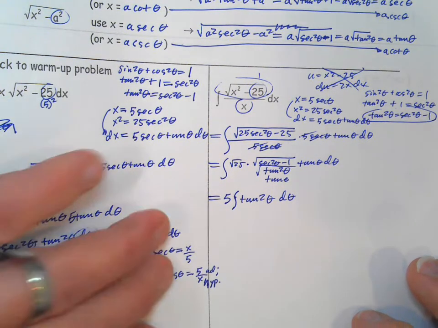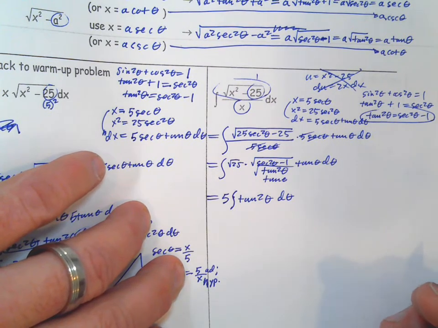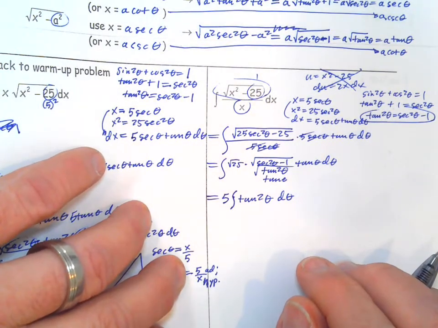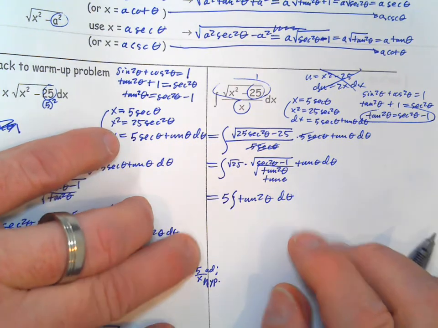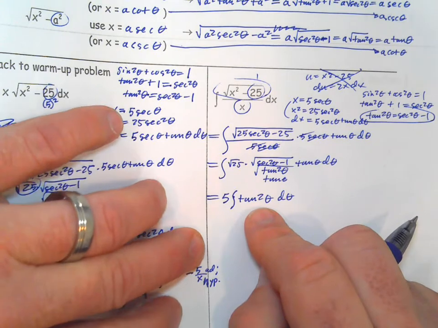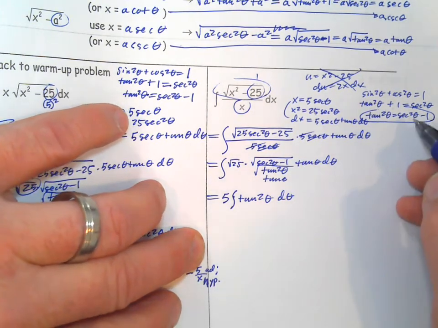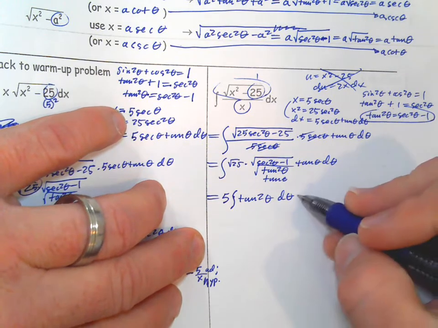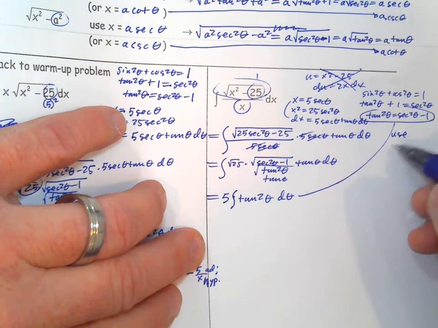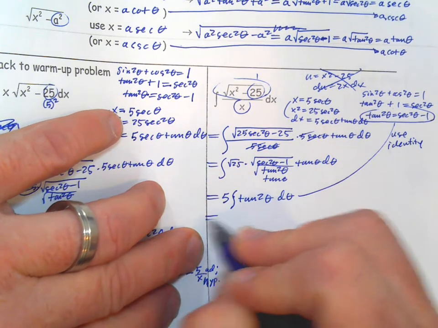But how do we integrate tangent squared? U substitution is not going to work. That's not one we've used. So we might actually have to use trig identities to do this, because if we had a secant squared, we could totally do that. In fact, I'm going to use the same identity to rewrite this into something that I think we would have more success integrating.